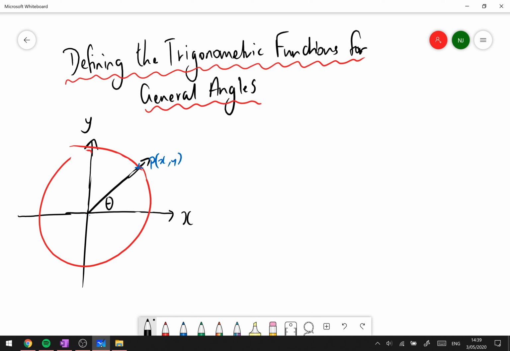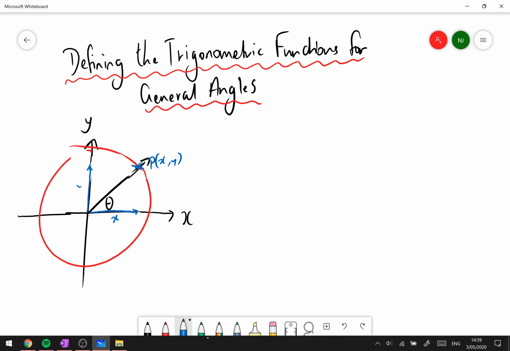With this, we can now define our trig ratios. We know this point is this far along the x-axis, and we also know that this point is this far up the y-axis.